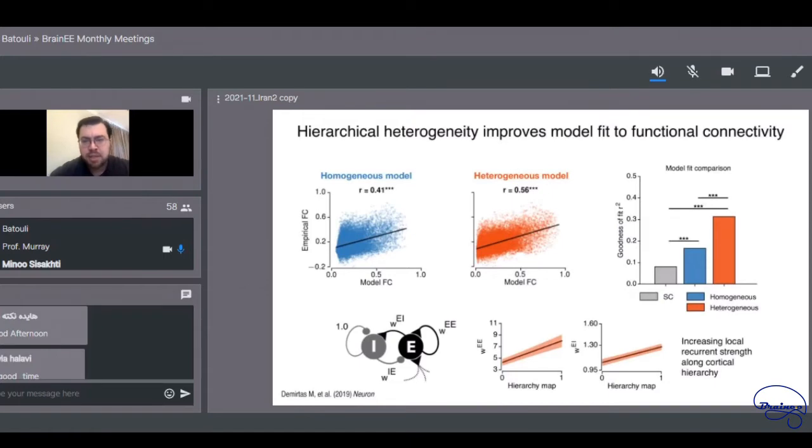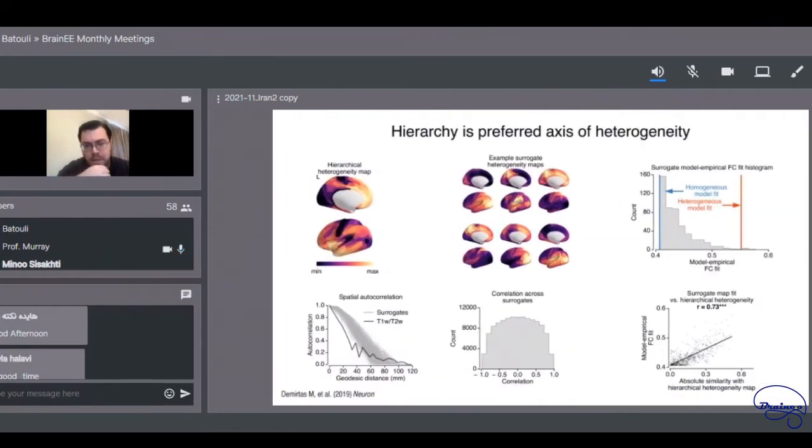And so you can ask the question, maybe it's a more complex model, it has more parameters. How do we know that it's really specific to this map? This is an important methodological, but also conceptual, control, right? So what we did was figure out a method to generate alternative random heterogeneity maps, which still preserve something of the spatial autocorrelation of our original T1/T2 map, but don't give us the same axis, right?